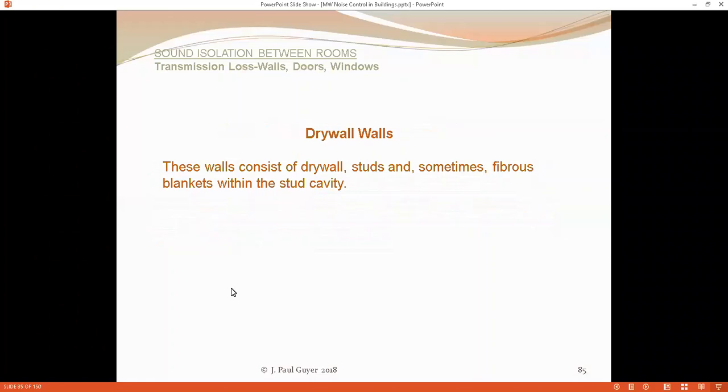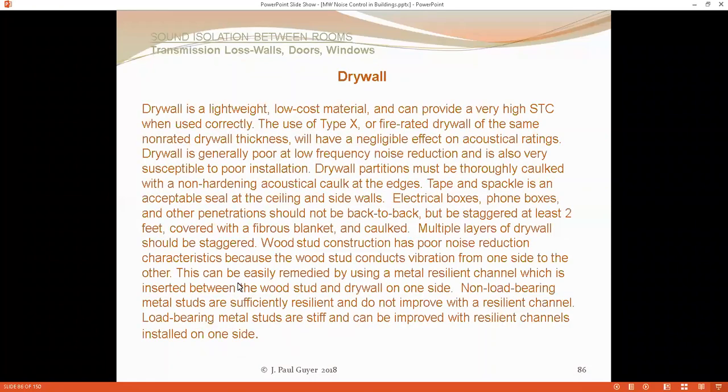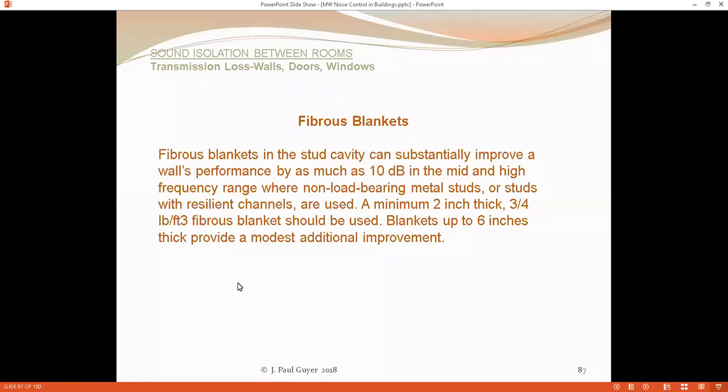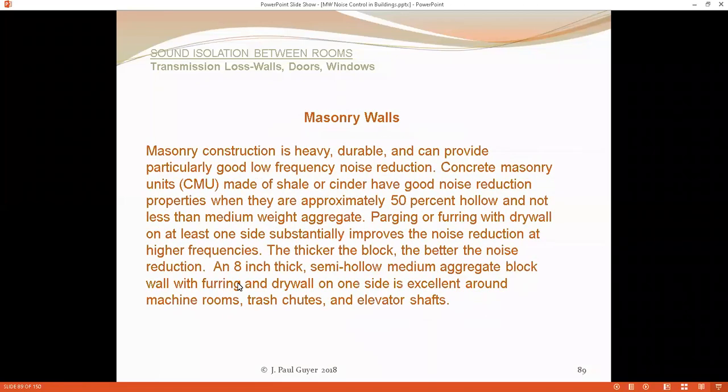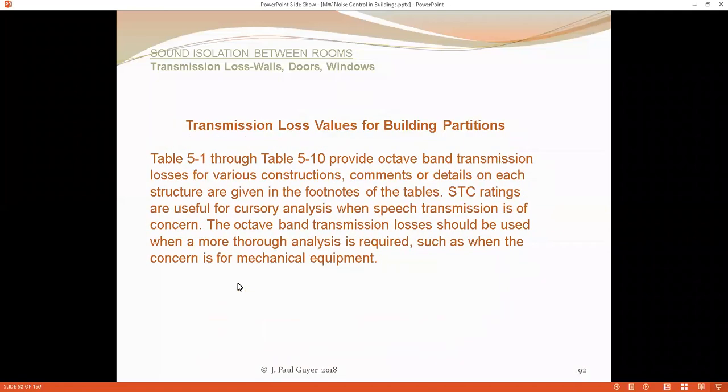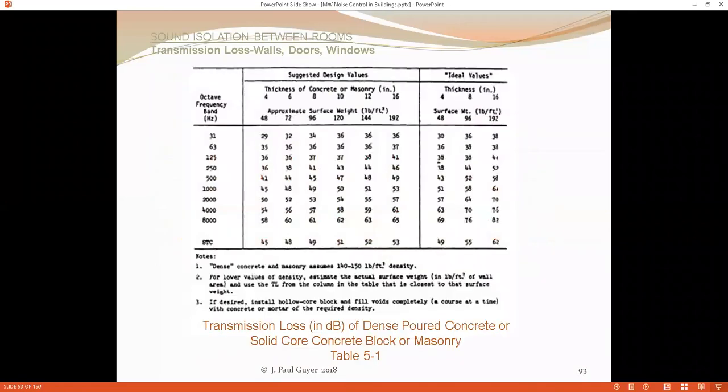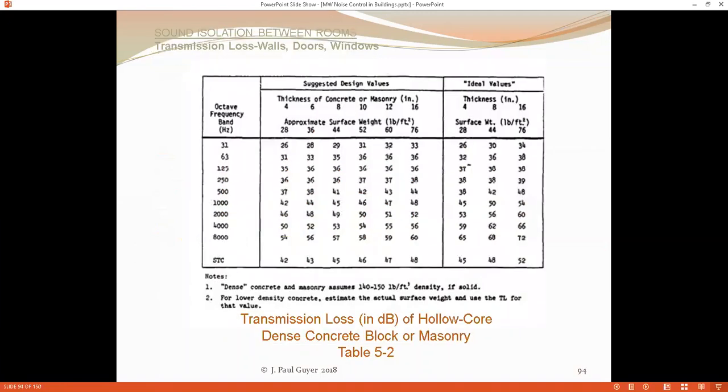So that brings us to kind of the end of our time here. And I'm flipping through these slides expeditiously. These tables that you're looking at here again illustrate how the transmission loss for a building material is a function of the frequency. Like here you've got hollow core concrete block walls.